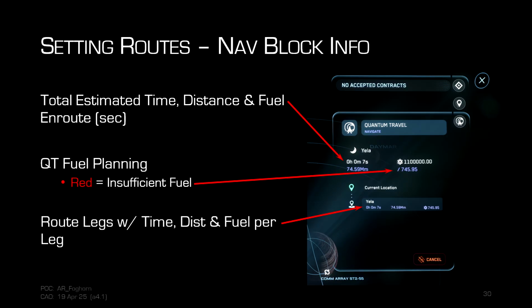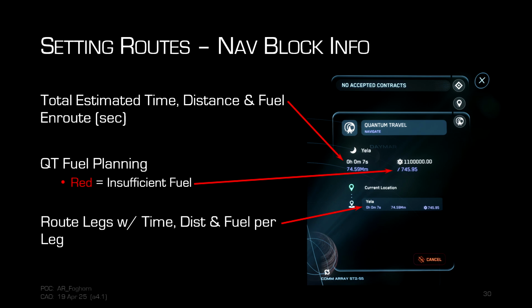Now, that time is based on the time in quantum travel to get there. So if you have a multi-leg route and at each one you stop and mess around for 30 or 45 seconds, the system can't know how long you're going to take to come out of quantum travel on the first leg and jump into quantum travel on the next leg.